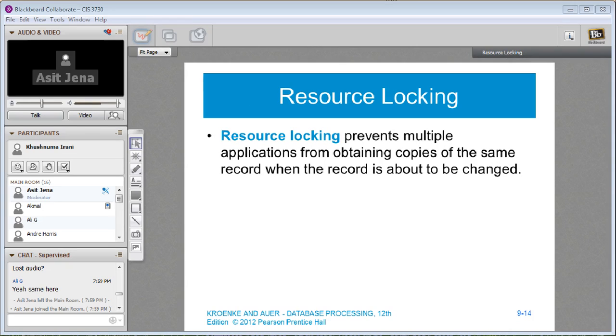Resource locking. Resource locking prevents multiple applications from obtaining copies of the same record when the record is about to be changed.